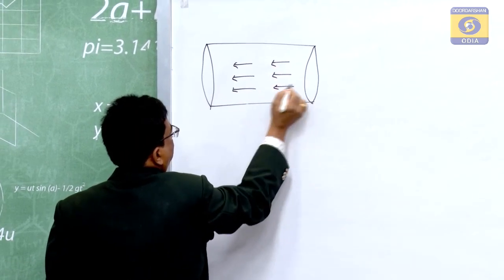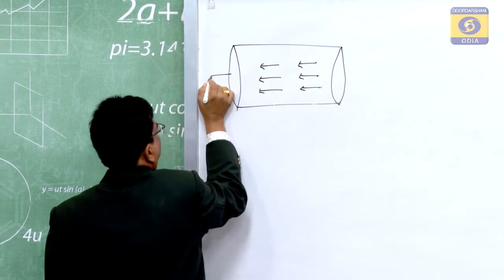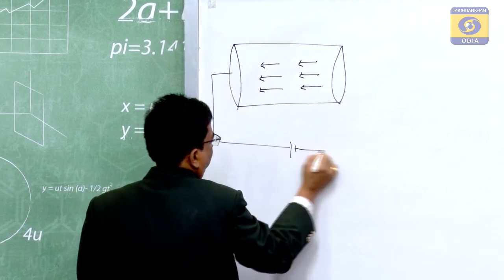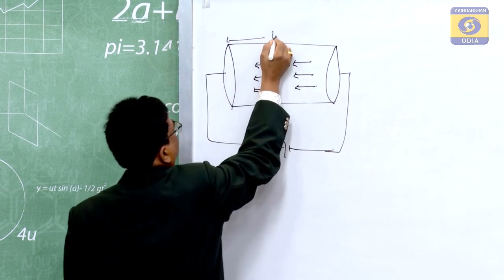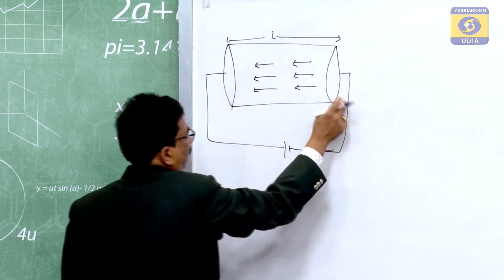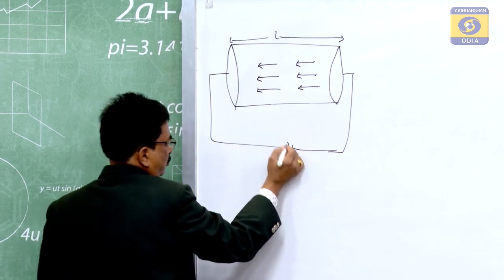These are the electrons, and this conductor of length L is connected at the two ends to a source.